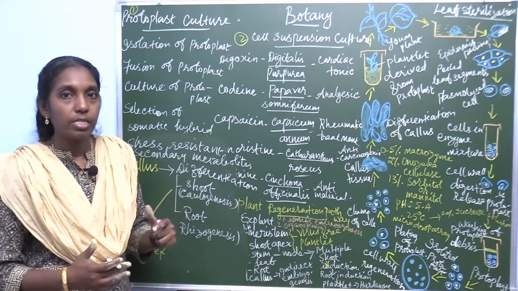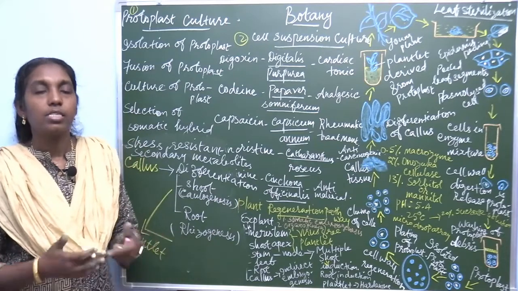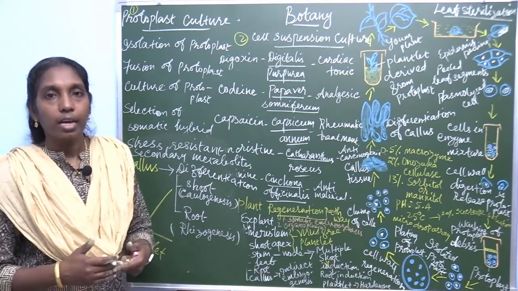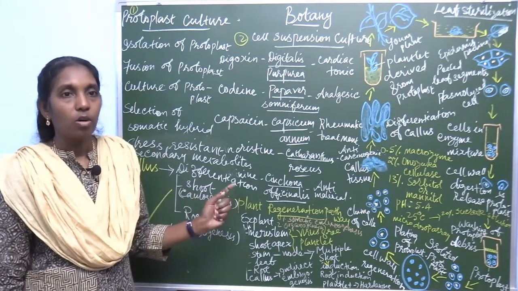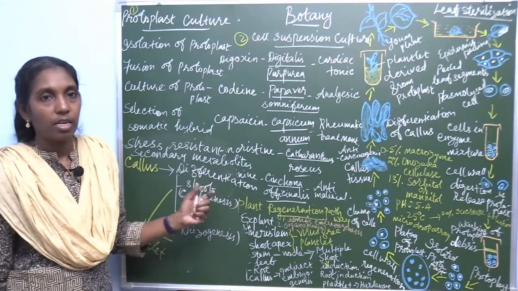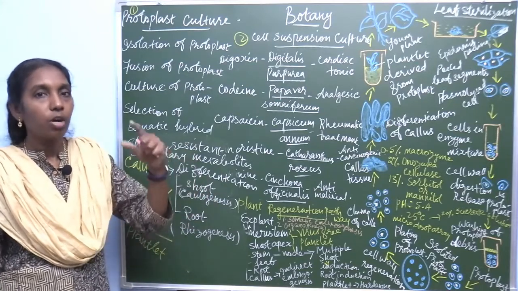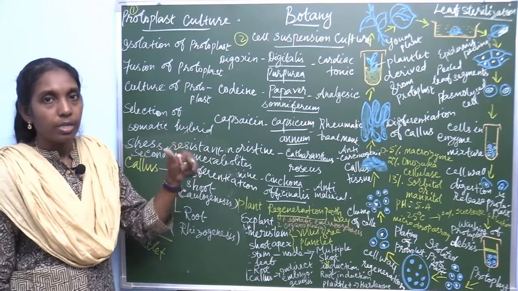What are the applications? Disease resistant varieties, virus resistant varieties, stress resistant varieties can be produced, and somatic embryos or artificial seeds. These embryos are encapsulated, enclosed in seeds.